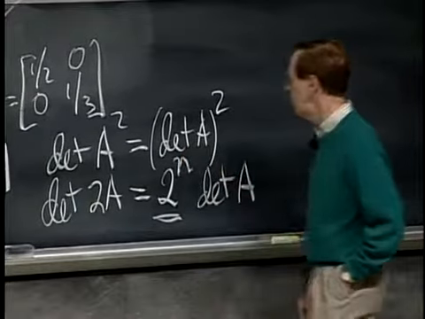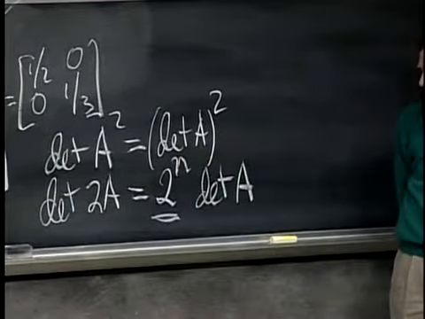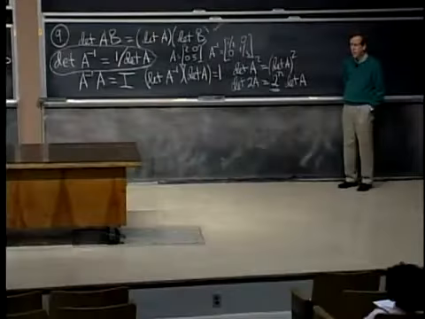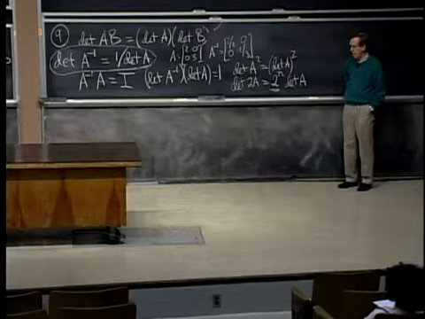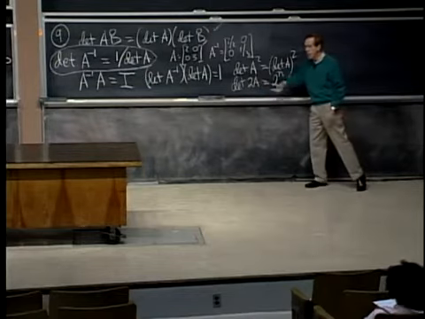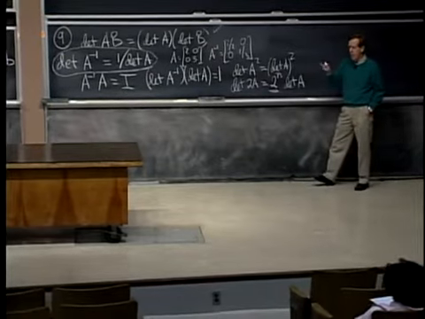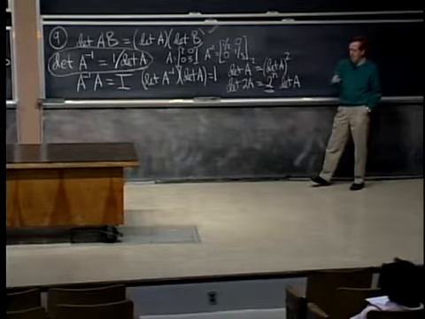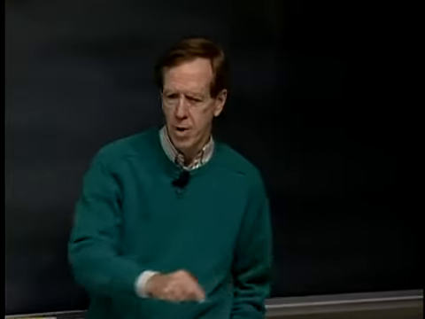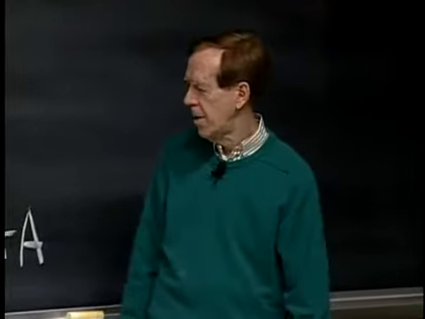Now, why is it 2 to the nth and not just 2? Because I'm factoring out 2 from every row. This has a factor 2 in every row. So I can factor 2 out of the first row, a different 2 out of the second row, a different 2 out of the nth row. So I've got all those 2's coming out.